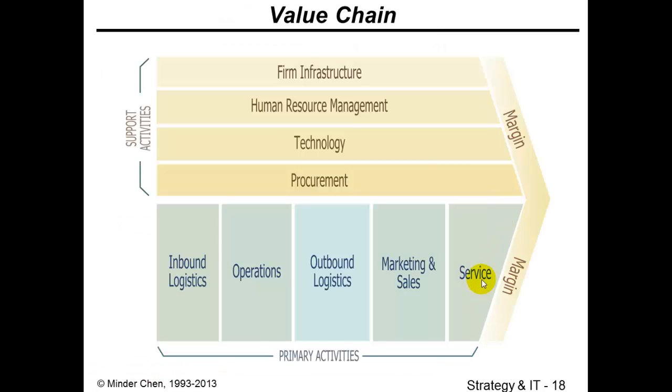The third model is called the value chain model, which is quite popular as well. We classify various activities into two major categories: support activity and primary activity.